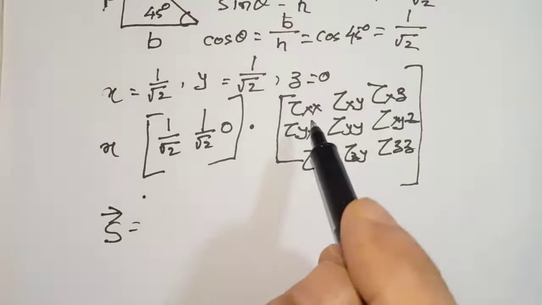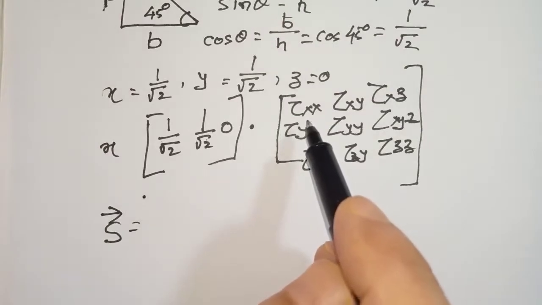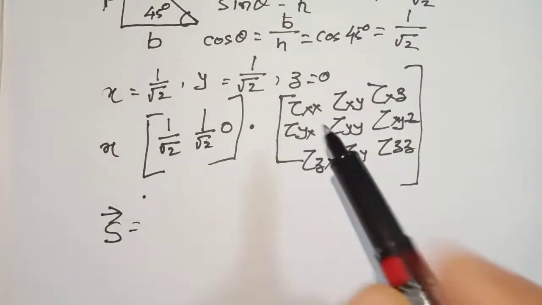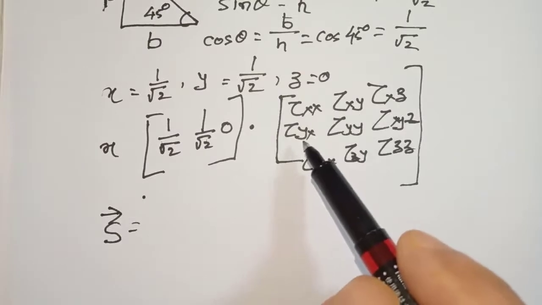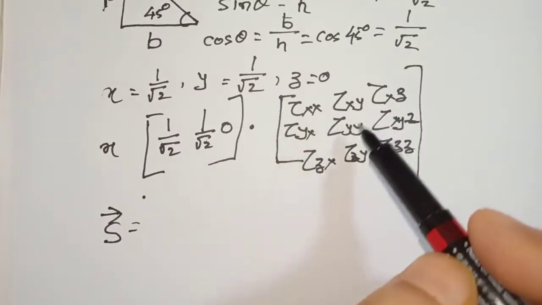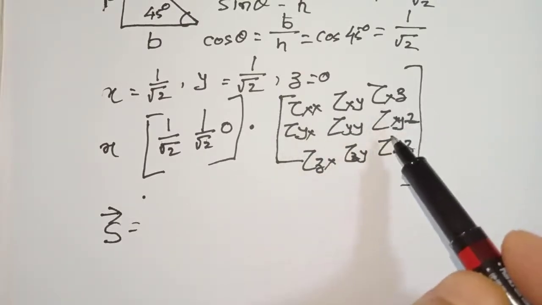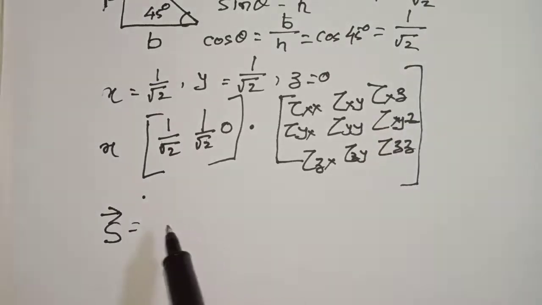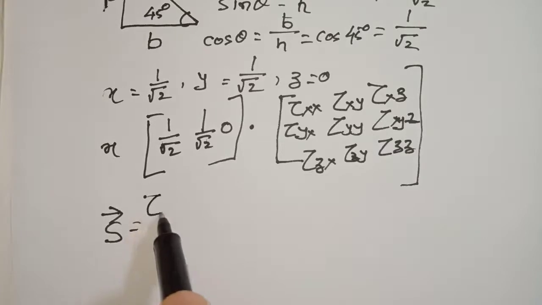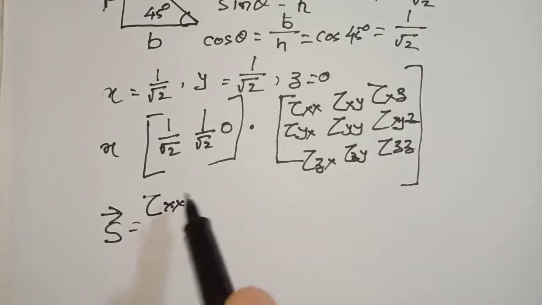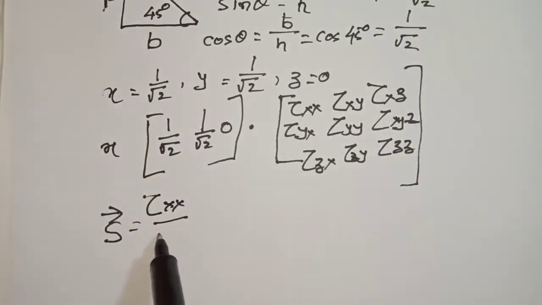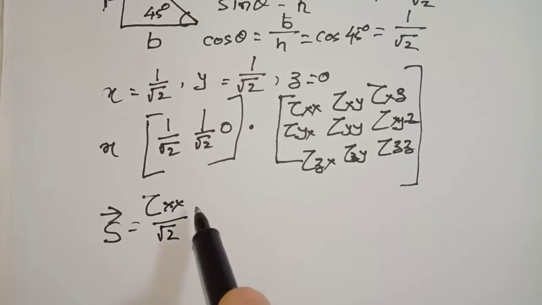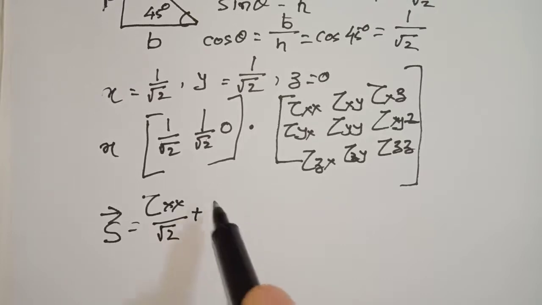When we are multiplying, we get a stress vector. So what I am going to do is multiply tau xx, then take tau yx, then tau xy, tau yy, tau xz, tau yz, right? We are ignoring this part because we don't have the z axis. So it would eventually become tau xx multiplied by 1 by root 2, right? Then a plus because we are adding these values.